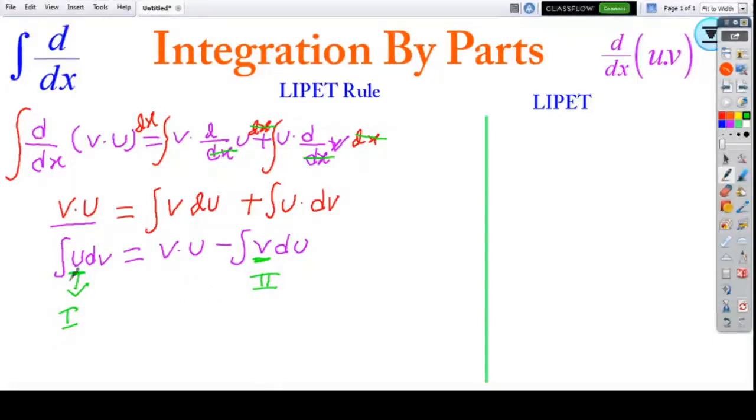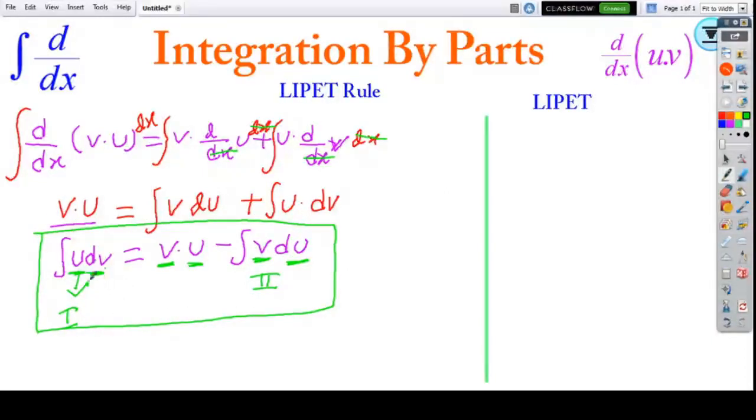So the integral of the first function multiplied by dv is equal to the product of both functions minus the integral of the second function with respect to du. You can remember it in this way.